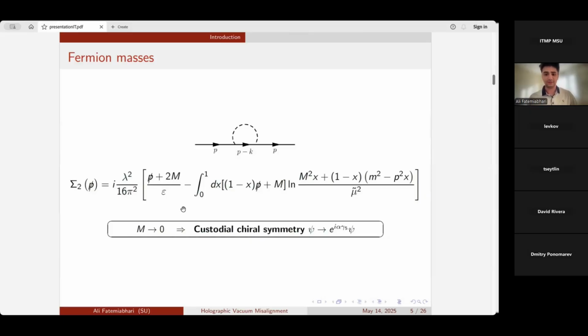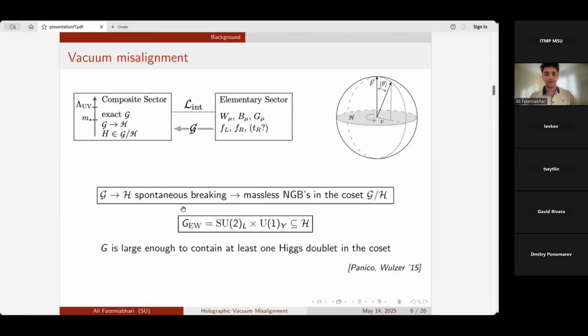So having said all of this, this is how schematically a composite Higgs model will work. We assume that there is an elementary sector, including the W and Z bosons and the gluons and most of the fermions. But the Higgs comes from a new sector, and the sector is strongly coupled.